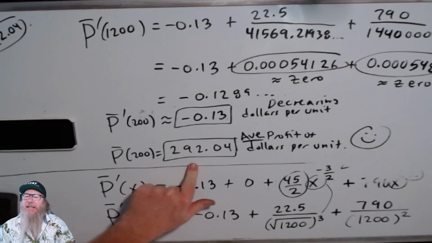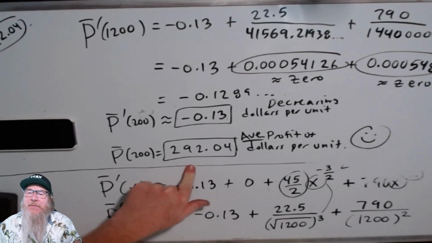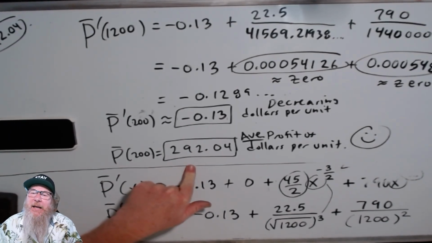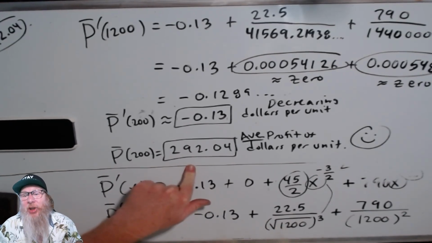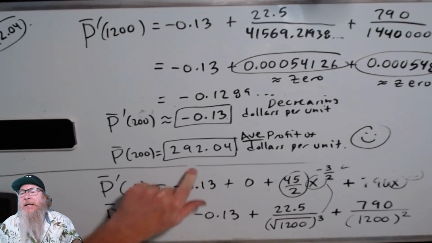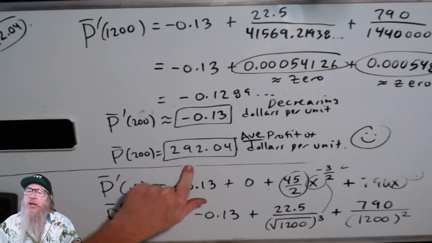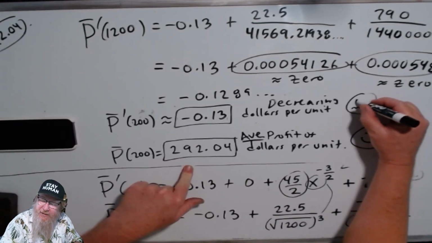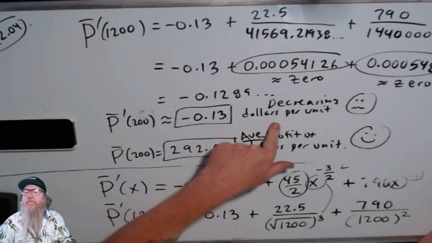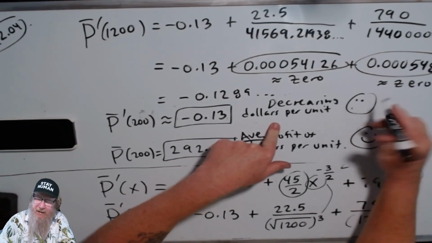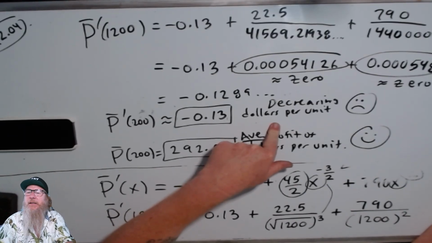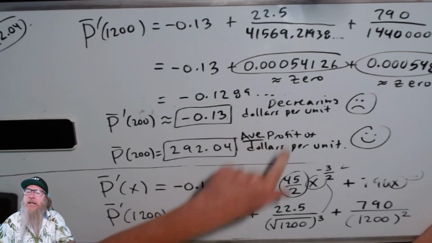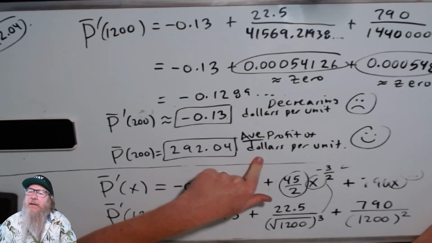Anything that's positive is good. If profit comes out negative, it's not really a profit. It's a loss. It means you've lost money. So the profit is positive, which is good. Unfortunately, the profit is decreasing, which is not good. So I'm still making money, right? We're still in the black, they say.